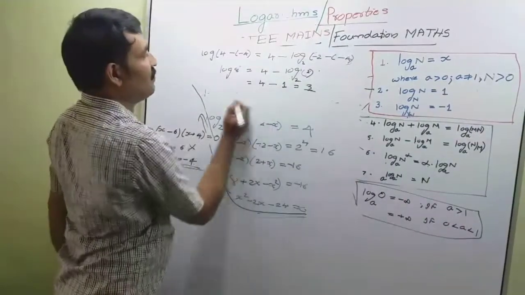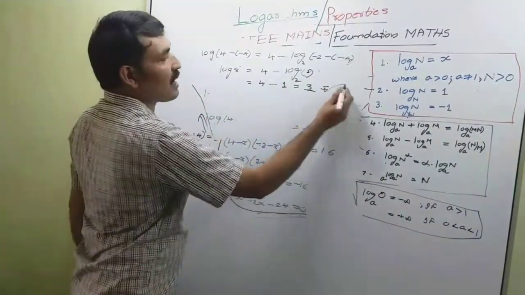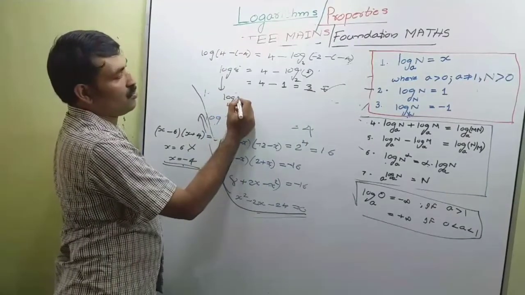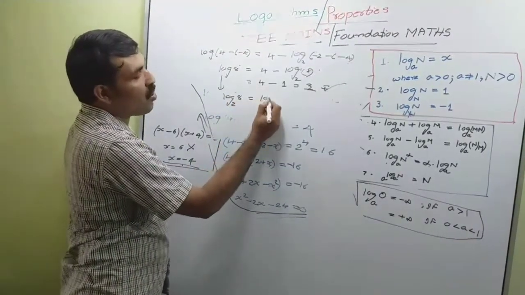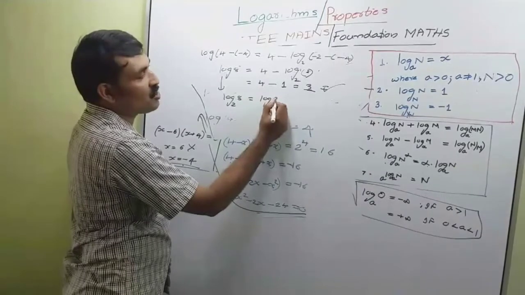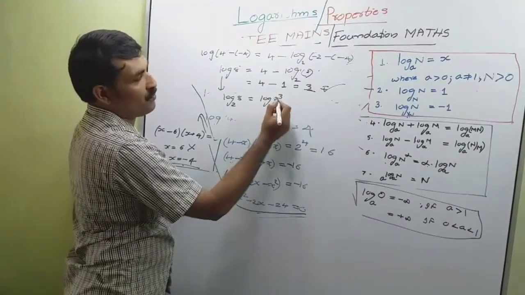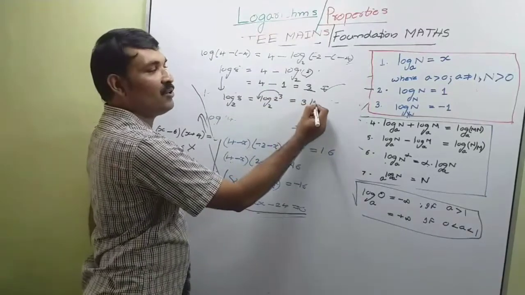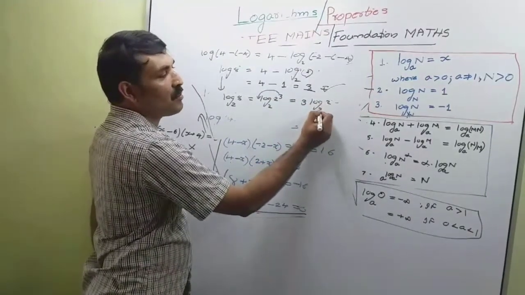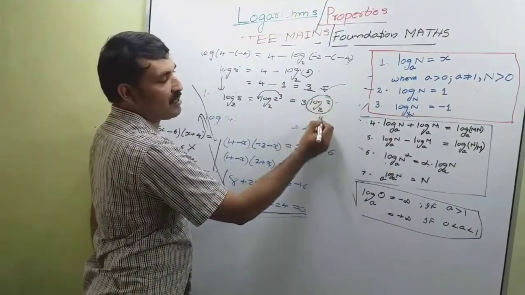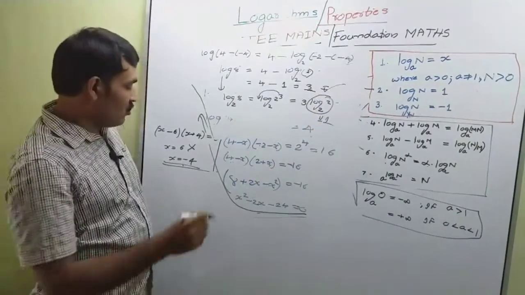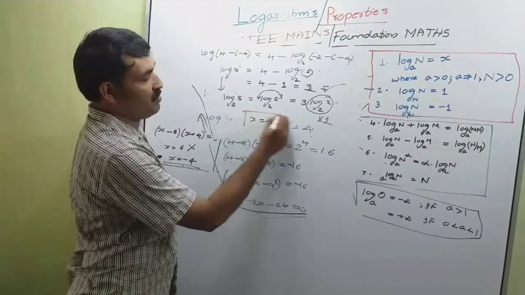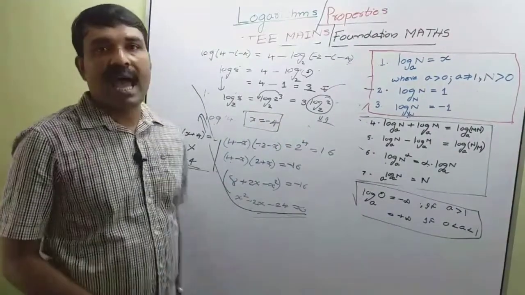This is correct since log base 2 of 8, we can write 8 as 2 cube to the base 2. This 3 will jump here. So, this is equal to 3 into log 2 to the base 2. The value of this term is equal to 1. So, the only solution is x is equal to minus 4. So, that is the answer.